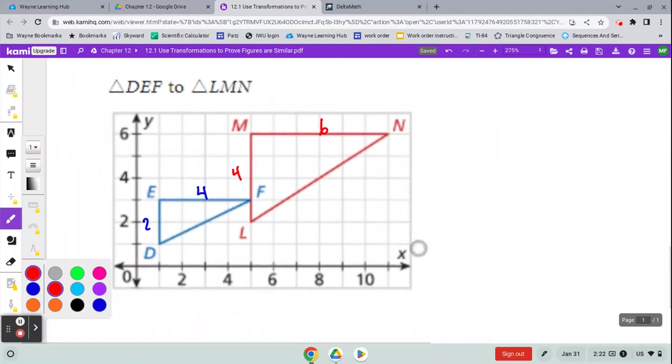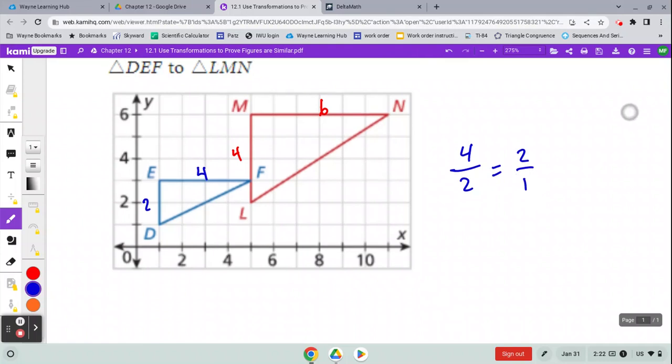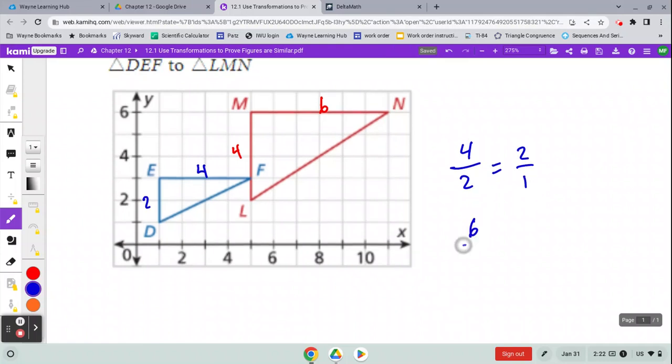So once again, we'll start on the left side. If we get 4 for the red, we had 2. So that is twice as big. Now for the top part, do you see how it was 6 over 4? That actually reduces to 3 over 2. Those are not the same. If they're not the same, that means that this shape is not proportional. It is therefore not similar.